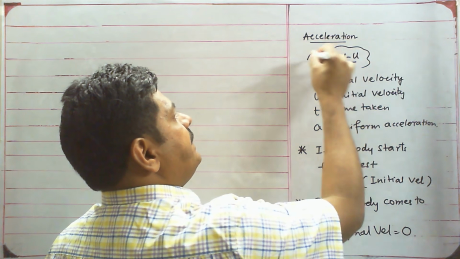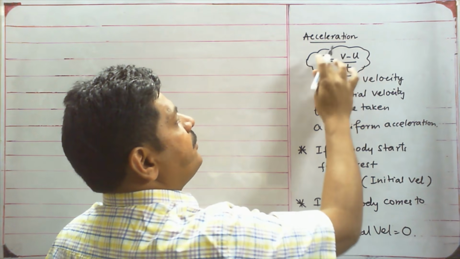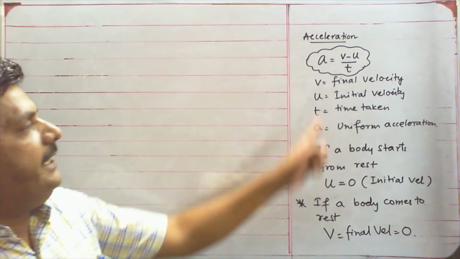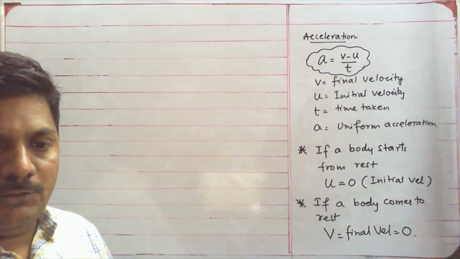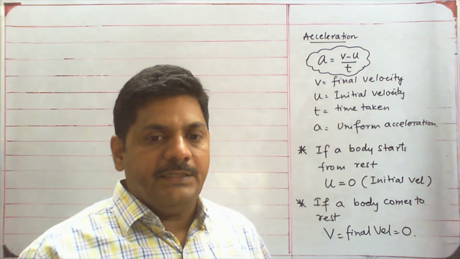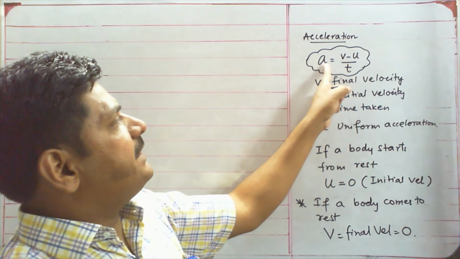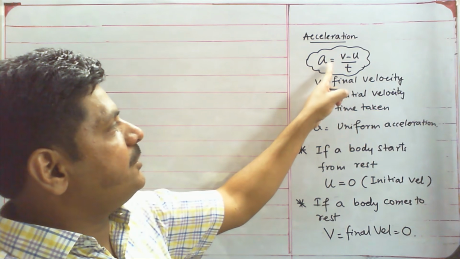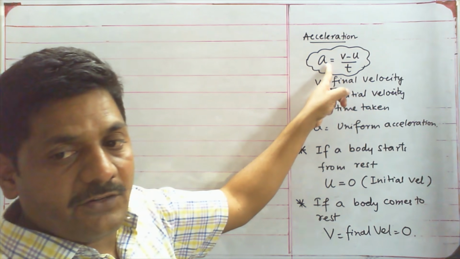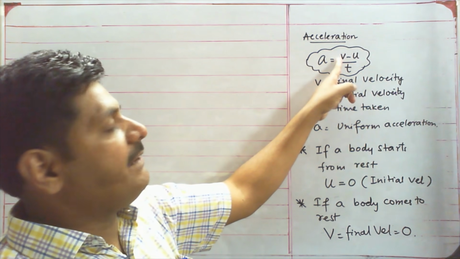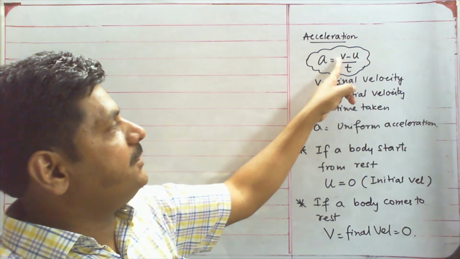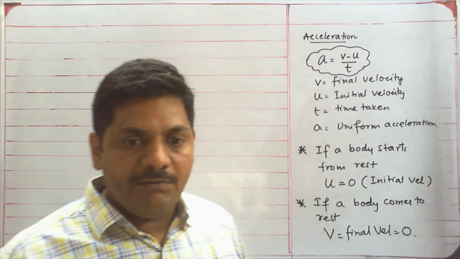A is equal to V minus U by T. There are 4 variables, A, V, U and T. You may be given any 3 quantities and you may be asked to find out the 4th quantity. So it's not necessary that you have to find out acceleration. The question may have given acceleration, time, and final velocity, and they may ask you the initial velocity.